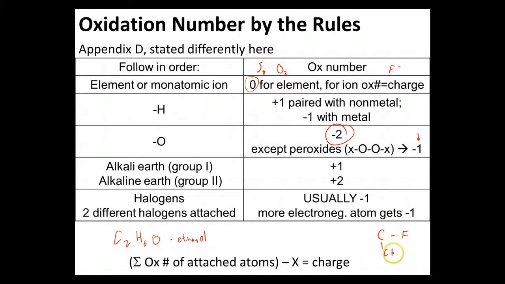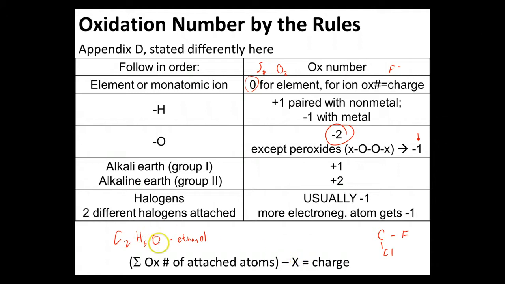The more electronegative of these is going to get a -1 for sure, and if the other can't end up -1, then it doesn't. It gets a little more complicated in that scenario. Overall, we sum up the oxidation numbers of all of the attached atoms of the molecule, and then subtract whatever our unknown is, making sure that adds up to our charge. If we know a bunch of atoms and there's one we're not sure about, we figure out what the charge will be, and then we solve backward for that one.